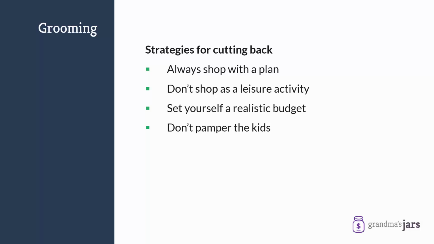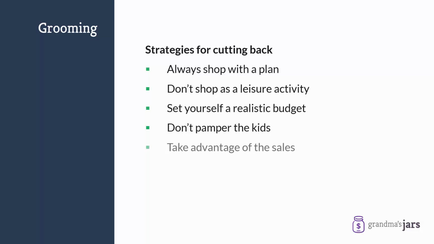Now, the beauty of budgeting to a system like Grandma's Jars is that it allows you to allocate money to expenses like grooming, and whatever does not get spent one month accumulates to the next. You can go 1 month, 2 months, 6 months, even 12 months without spending on grooming, and that money just accumulates.